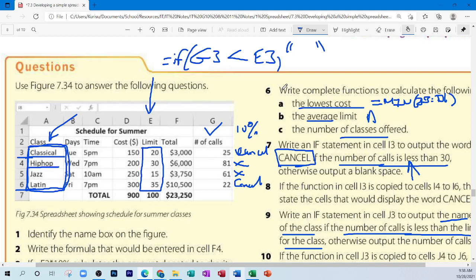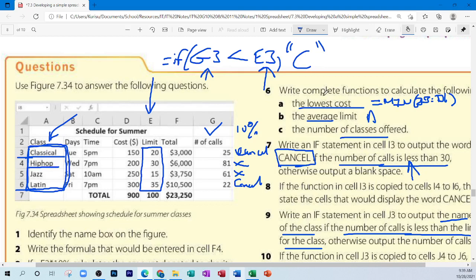Can you copy the function? Because if you put quotation marks and you put inside classical, then if you copy it, even though these here are going to change because of relative addressing, because of the quotation mark, classical is going to remain the same.